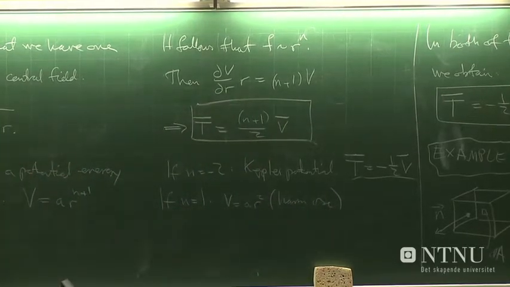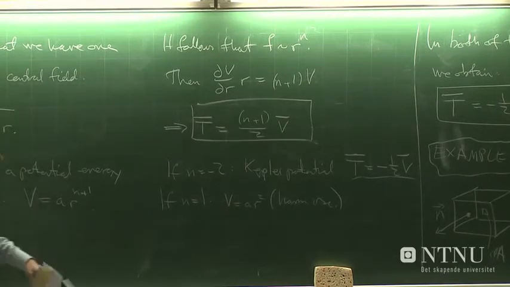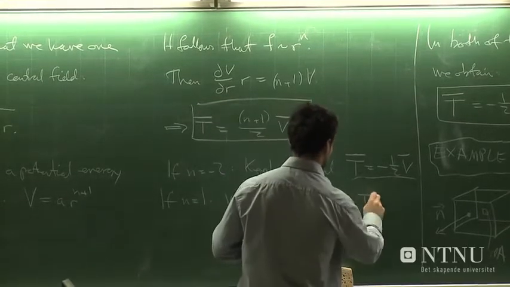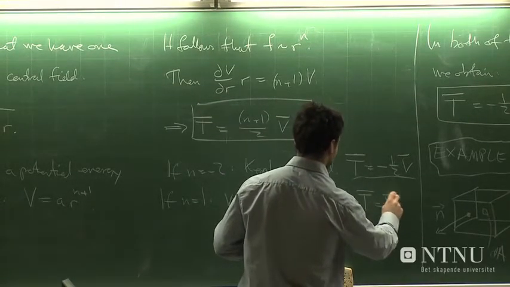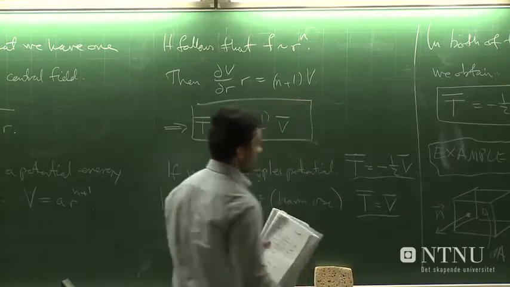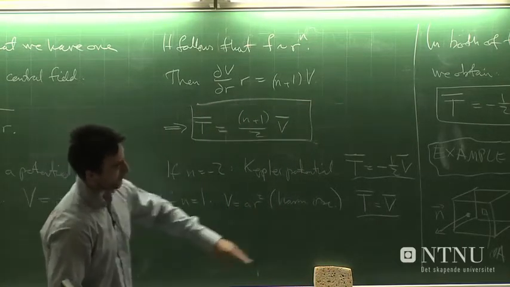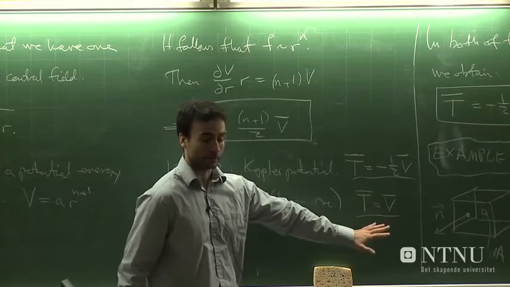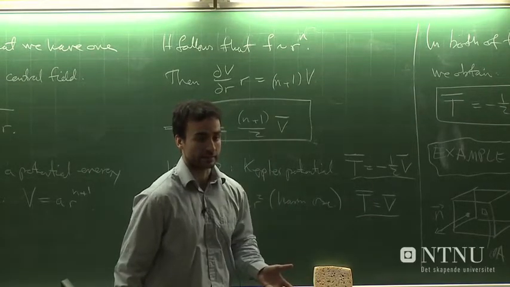And if n is equal to 1, which means that we have a harmonic oscillator potential, we have the quite neat result that the average kinetic energy is exactly equal to the average potential energy in the system.